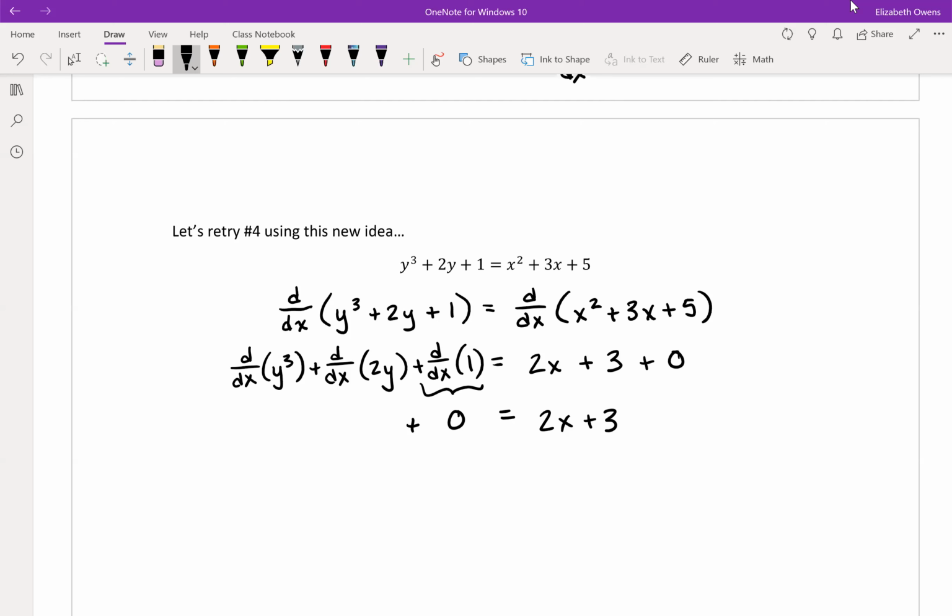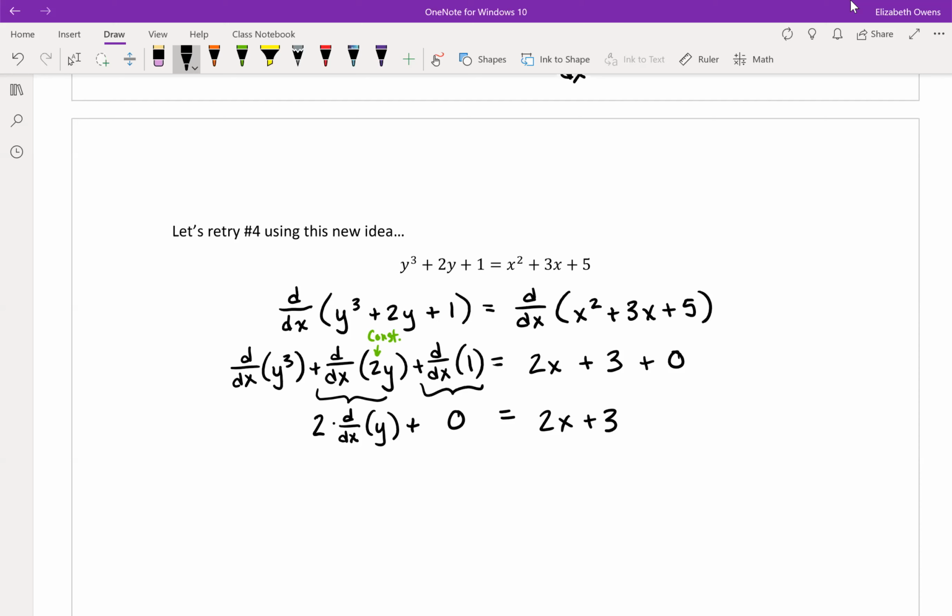But here, notice that we have the derivative with respect to x of 2y. That is just a constant multiple on there. So we've got our constant multiple situation. So we could pull that 2 out, and then 2 times the derivative with respect to x of just y.